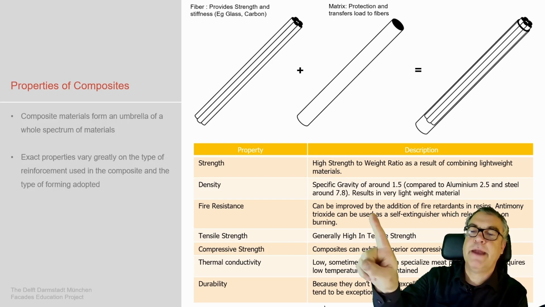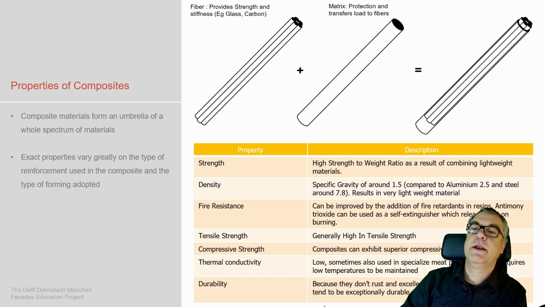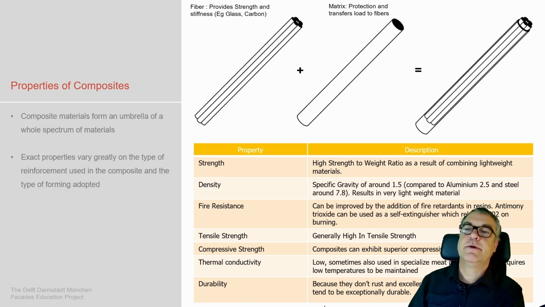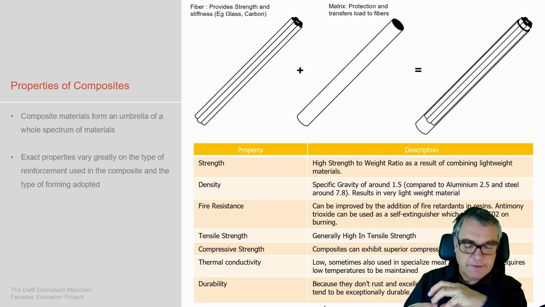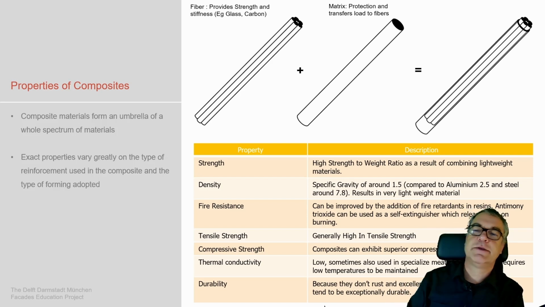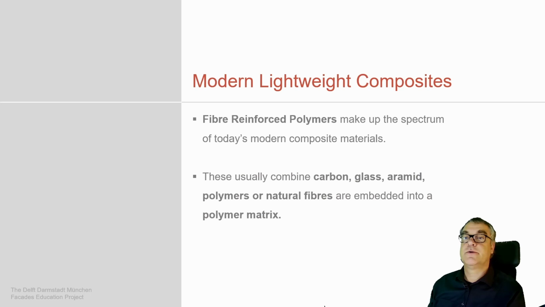They are combined with a matrix, that's how the wrapping is called, the middle one. This organizes the transfer of forces from one fiber to the other to make sure they are able to deal with different influences of forces, and then the whole thing is combined, as we see here, into a composite as a total setting.